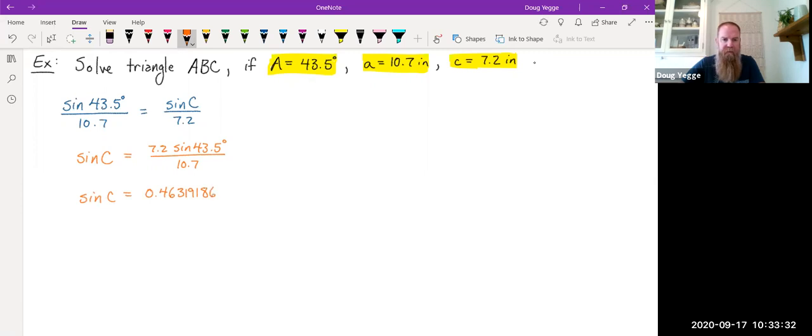Okay, so some decimal approximately 0.46, which again is possible because it's less than 1. But it also means that there are two potential angles for angle C. Let's just go ahead and work through this and see that angle C is going to be 27.6 degrees.